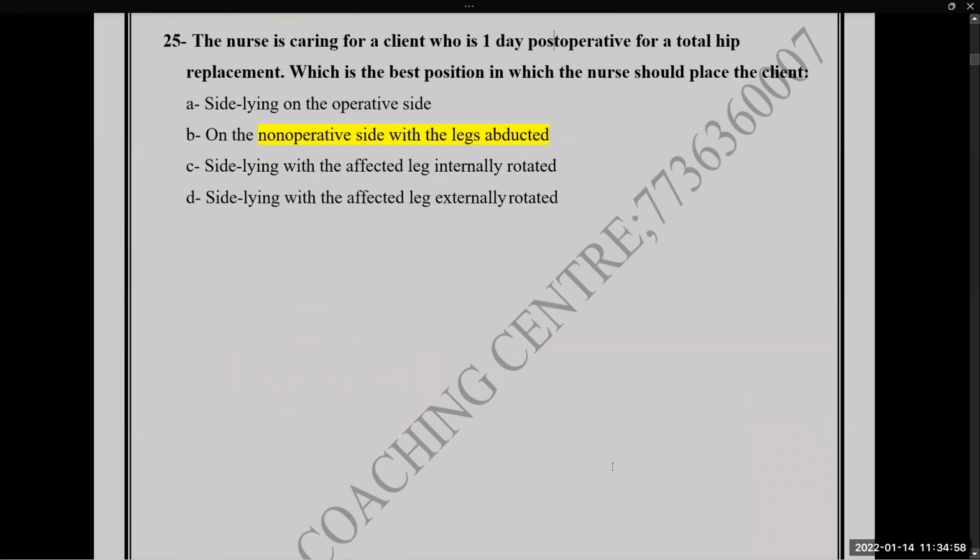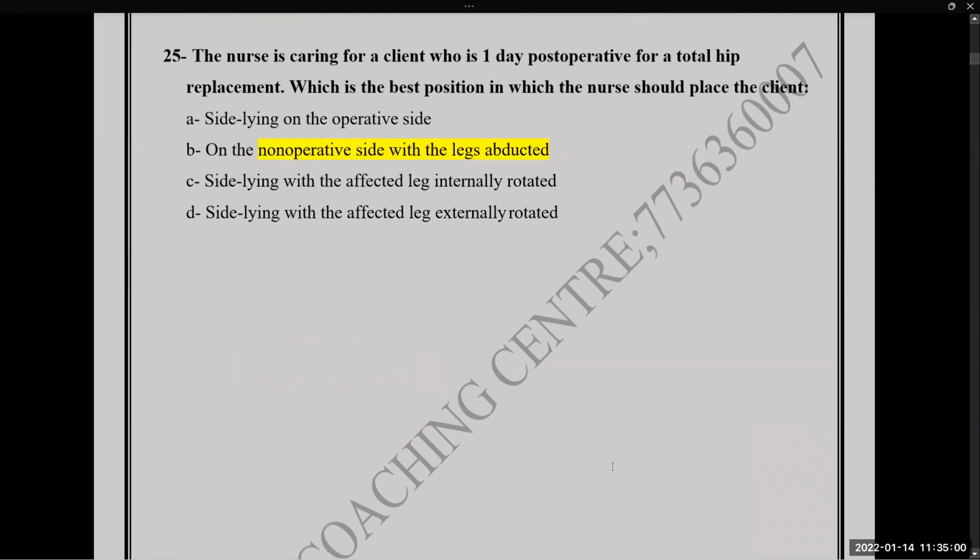The nurse is caring for a client who is 1 day postoperative for total hip replacement. Which is the best position in which the nurse should place the client? Side-lying on the operated side, on the non-operated side with the leg abducted, side-lying with the affected leg internally rotated, or side-lying with the affected leg externally rotated.